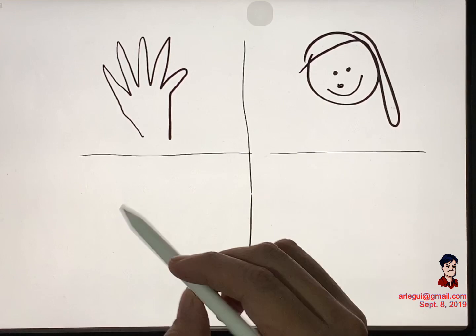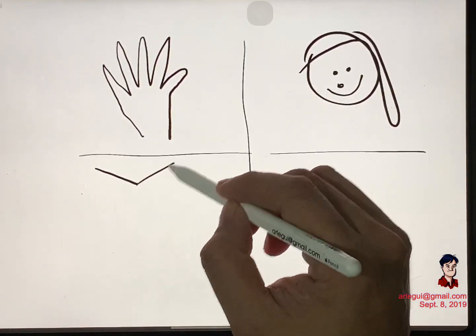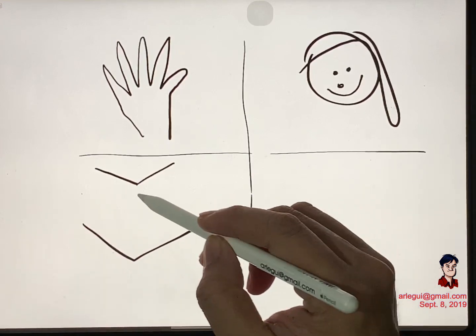And most likely, students have zero training in drawing.